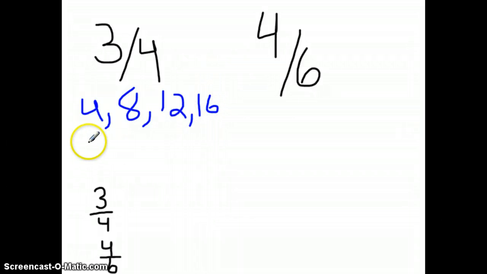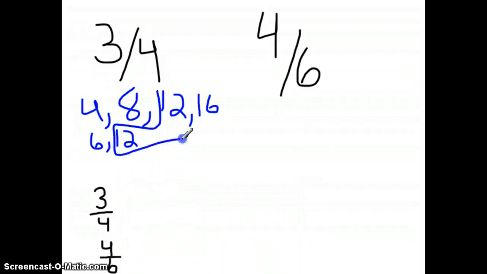Now let's count a few with the 6's. We got 6, 12. Well, I can actually stop right there because we can see that both of these have a 12 in common. So my least common denominator is actually 12.